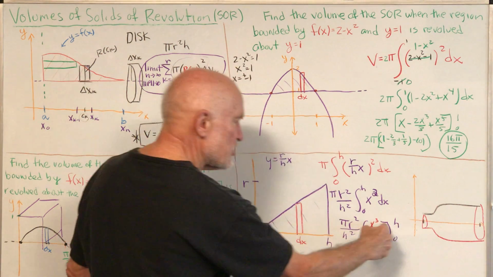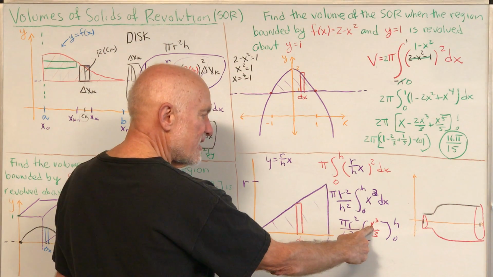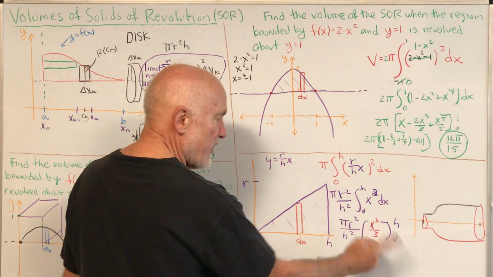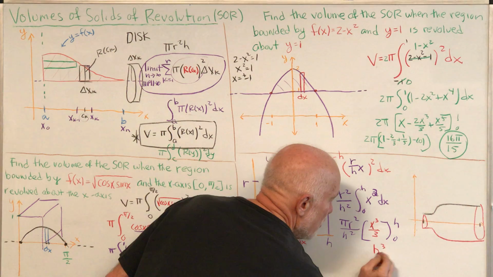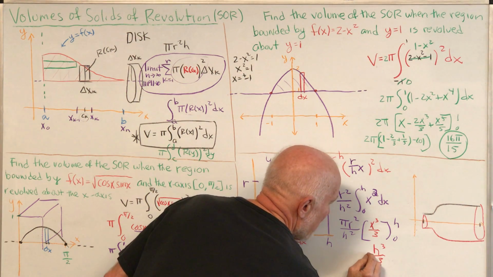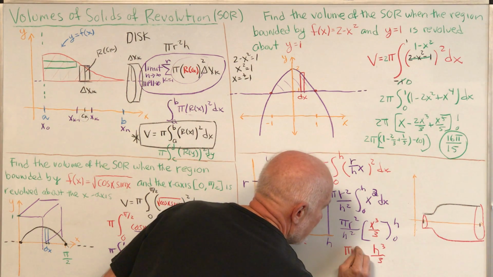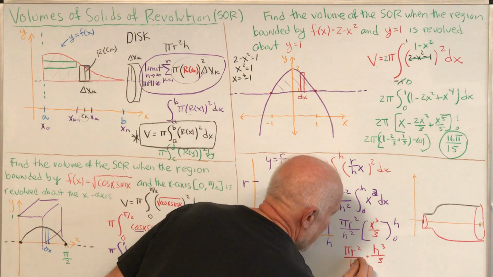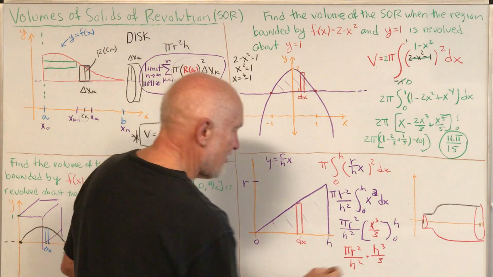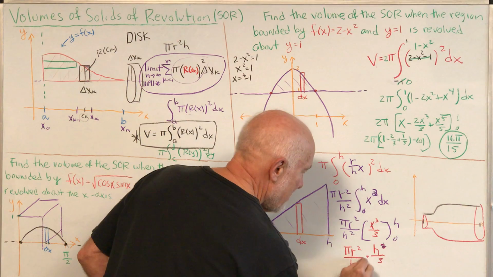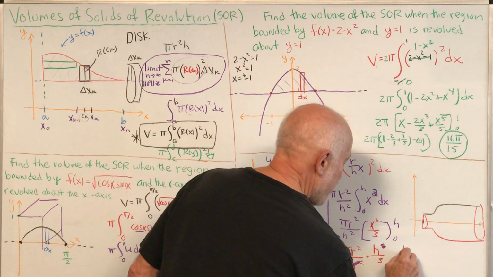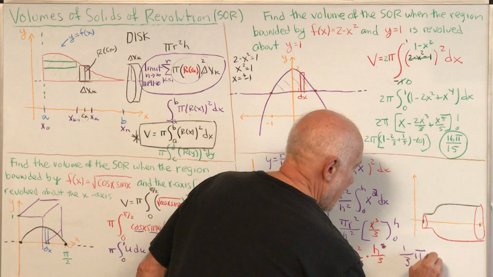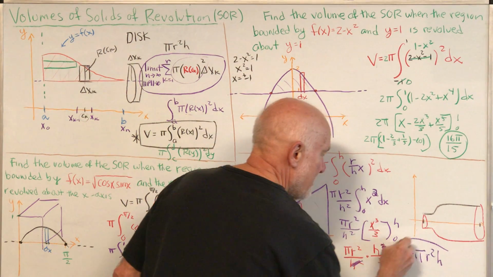So when I put h in for x and 0 in for x and subtract them, I just get h cubed over 3. And I have to multiply that by pi r squared over h squared. And nicely, h squareds cancel out, and I'm left with 1/3 pi r squared h.